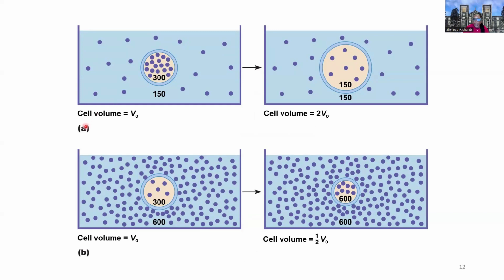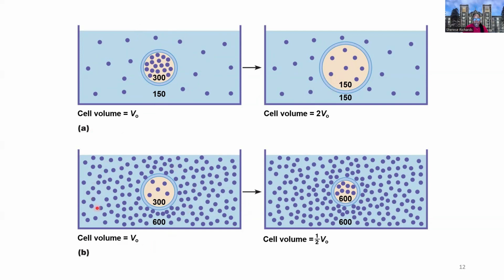So in scenario A, we have a high osmolarity inside the cell, a low osmolarity outside the cell. And as you would imagine, the water is going to move from the outside of the cell, where we have higher water concentration, to the inside of the cell where we have a lower water concentration until both solutions are isoosmotic. Okay. In scenario B, we're going to see the opposite.